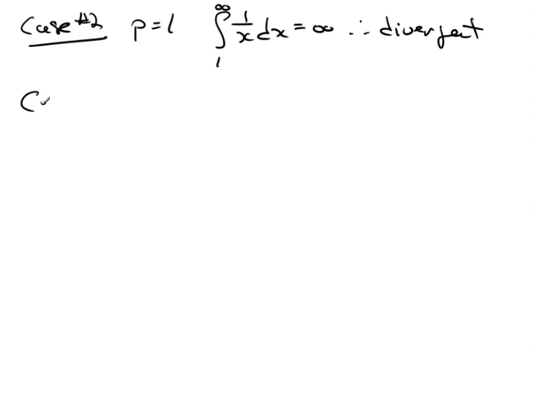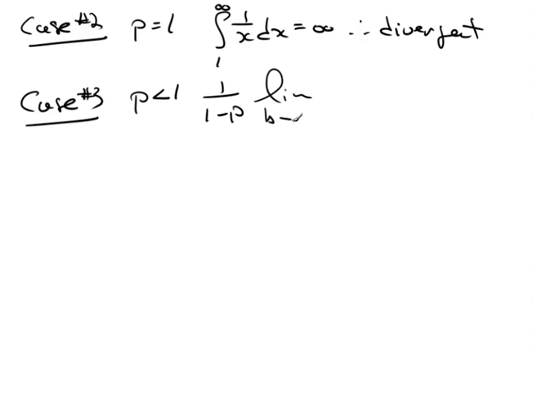So what about case number 3? I'm going to let p be strictly less than 1. See, now I have 1 over 1 minus p times the limit as b goes to infinity of x to the 1 minus p. But notice, if p is less than 1, this indicates that 1 minus p will in fact be positive.